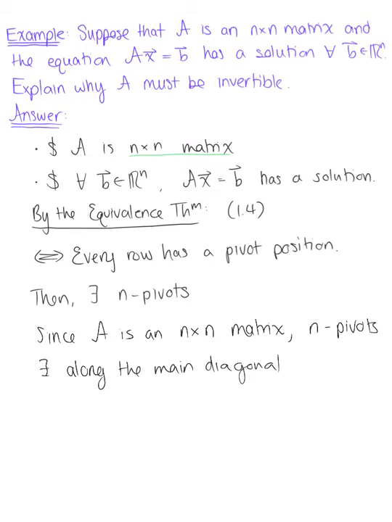Which we recognize as the n by n identity matrix. So therefore, matrix A is row equivalent to the n by n identity, and thus A is invertible.